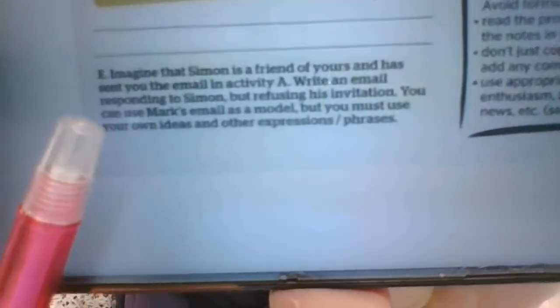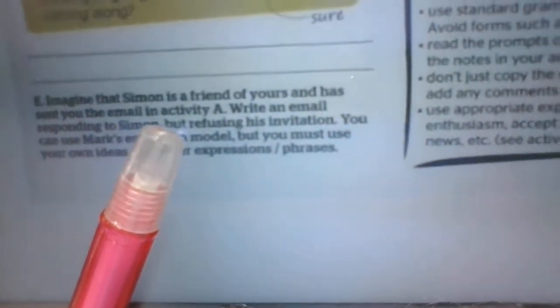Your friend, and has sent you the email in activity A. So I told you just now, that's the email that Simon have given you. Write an email responding to Simon. Tuliskan satu email membalas Simon, but refusing his invitation, tidak dapat hadir ke jemputan parti tersebut.